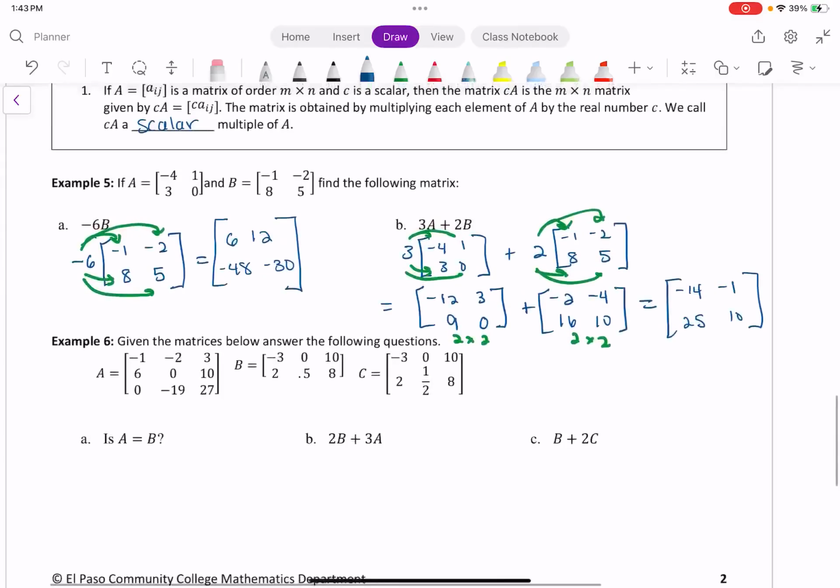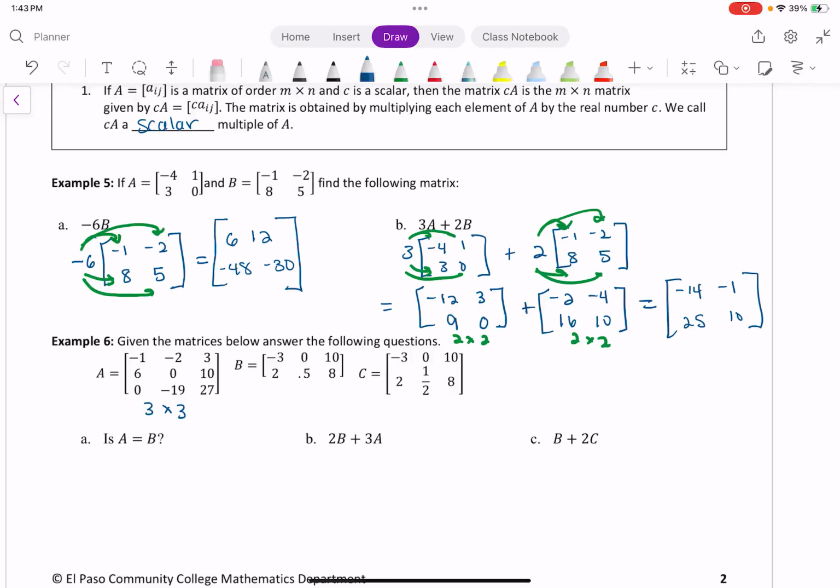Example 6. We jump in and put everything together. It says, given the matrices below, answer the following questions. And I see matrix A, matrix B, matrix C. They're going to ask me to compare, so I'm going to give everything the order. Matrix A has 3 rows and 3 columns. It is the order of 3 by 3.